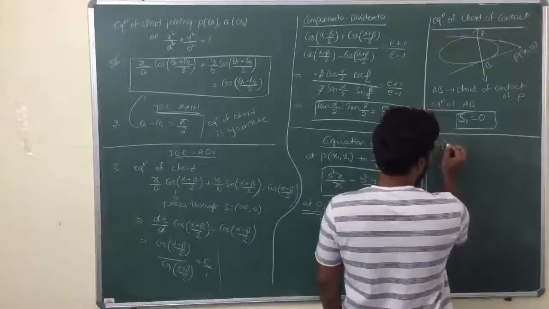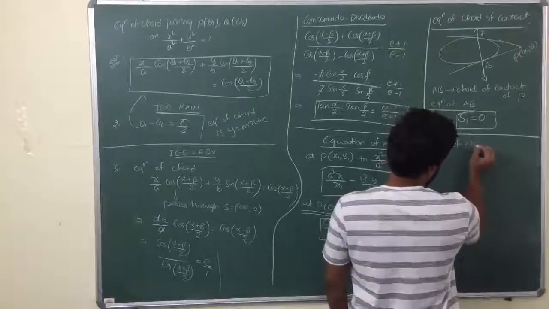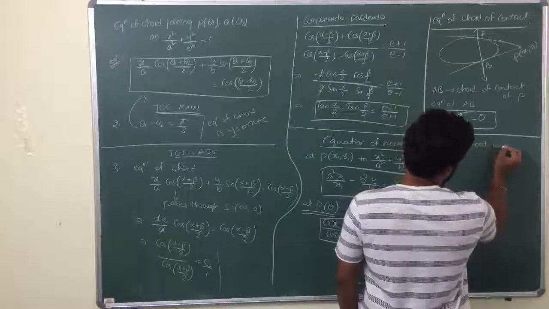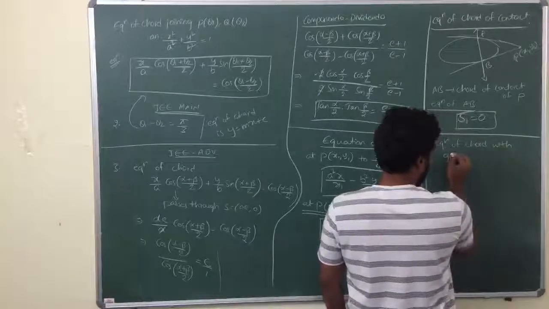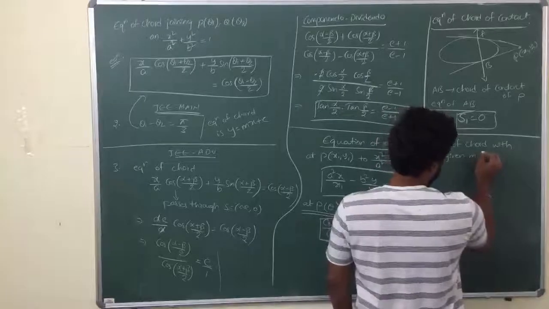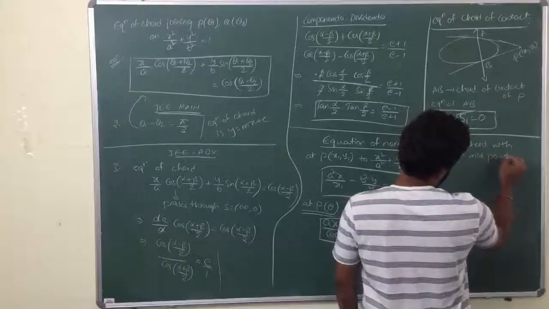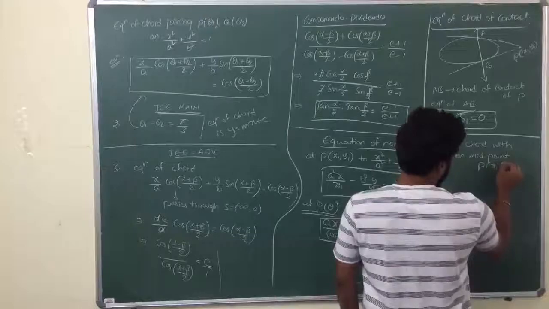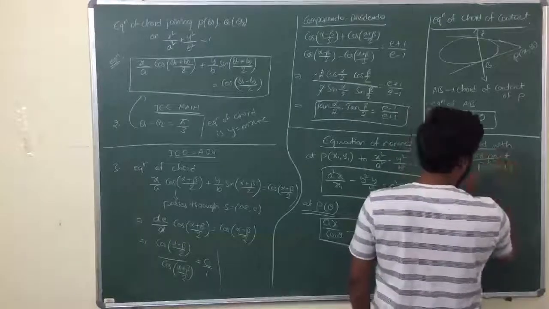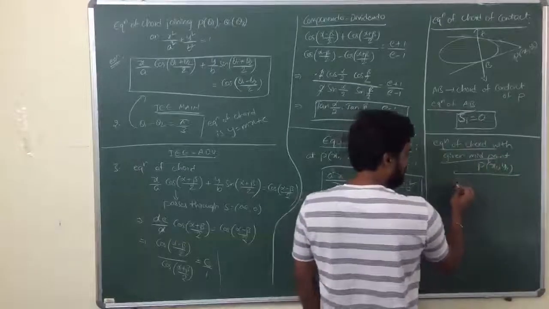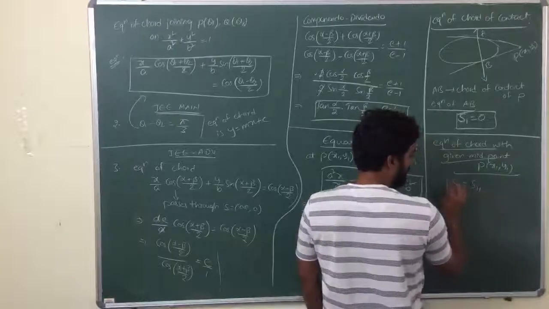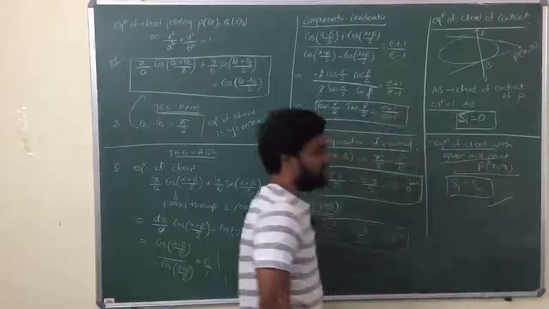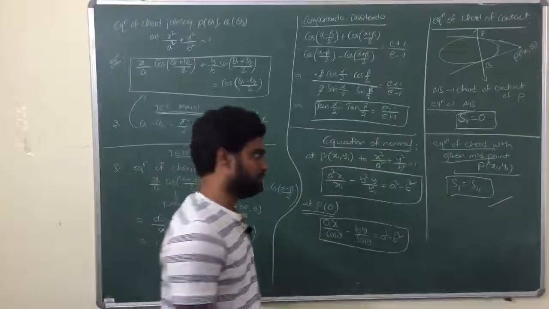Next one, the equation of chord with given midpoint. The midpoint P (x1, y1): the equation is S1 is equal to S11. That is the equation of chord with given midpoint.